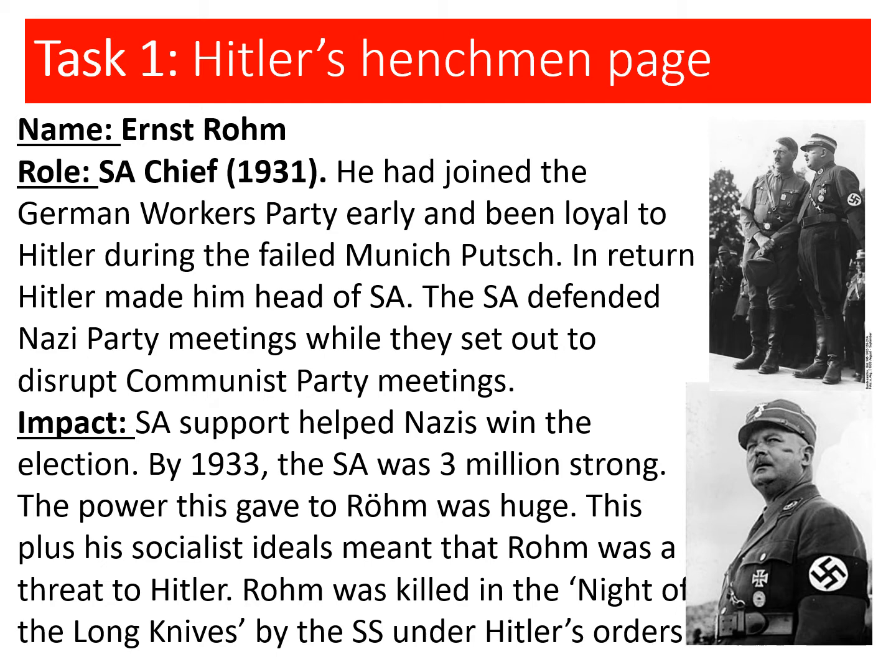On that night, Rom is arrested and shot. He's murdered by this new army that's coming up called the SS, and Hitler gives the orders to do that. So Rom is a very important person, because he goes from Hitler's friend to Hitler's enemy, who he actually has murdered, his own friend.